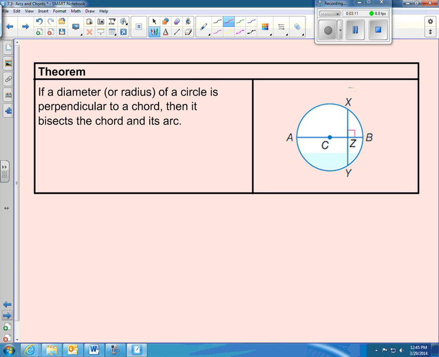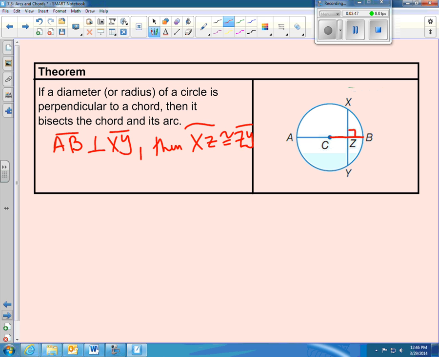If a diameter or a radius of a circle is perpendicular to a chord, then it bisects the chord and its arc. We can be talking about the diameter or just a radius as long as it's perpendicular, so it makes that 90-degree angle. In our circle, if AB or CB is perpendicular to XY, which is our chord, then we know that XZ is congruent to ZY.